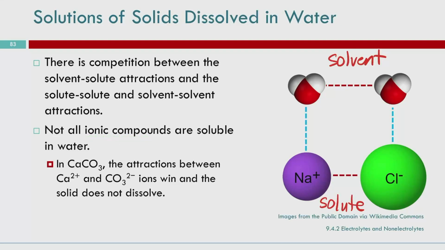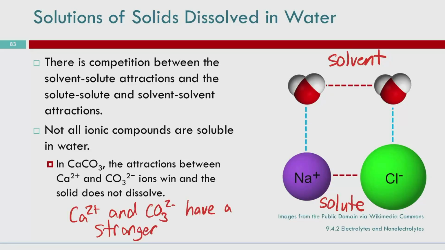So not everything that's got a metal and a nonmetal or a cation and an anion is going to be soluble in water. For example, calcium carbonate doesn't dissolve. So Ca2+ and CO3 2- have a stronger solute-solute force.